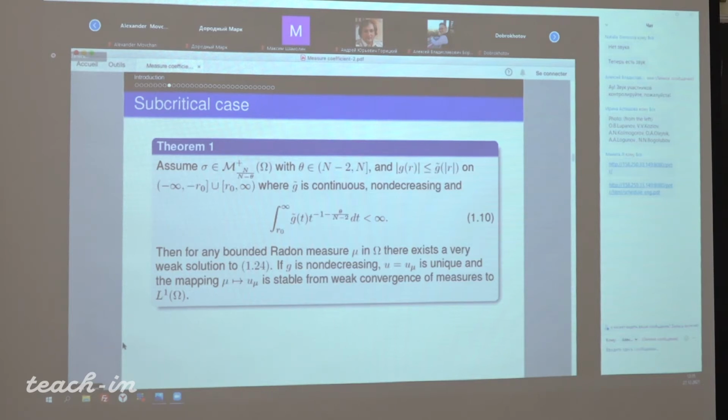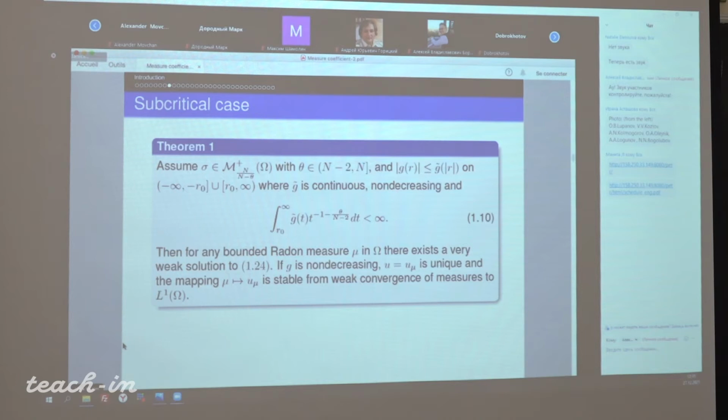If you make theta equal n, that means that essentially sigma is equal to 1, then you recover, of course, the condition of Brezis and Benilan. Now, if this integral condition is satisfied, then for any bounded Radon measure mu in omega, there exists a very weak solution to the initial problem that we gave before, a problem with boundary data 0 and measure inside.